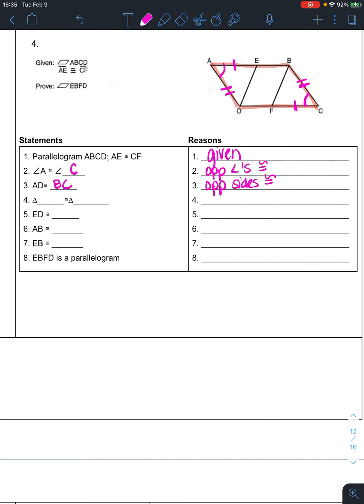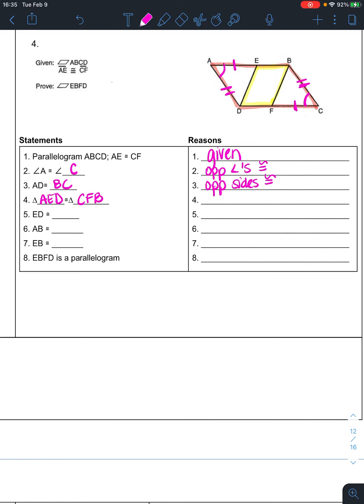Now, what we're trying to prove is, our goal is to prove that this is a parallelogram. So we've got to think about what things need to happen for that. So the easiest place to go is, let's say that these triangles are congruent, because if I can say that ED is congruent to BF, that would be helpful. So I can say that AED is congruent to CFB.